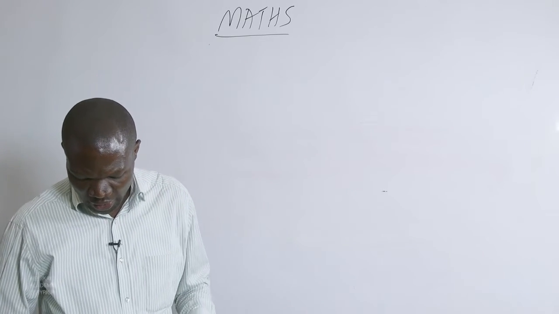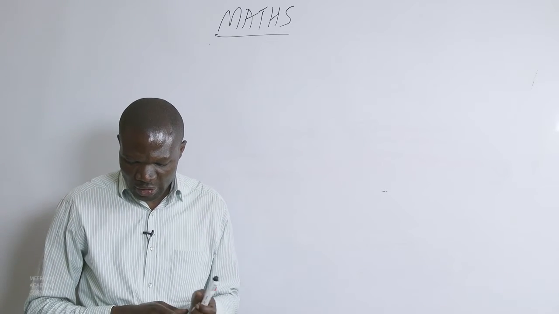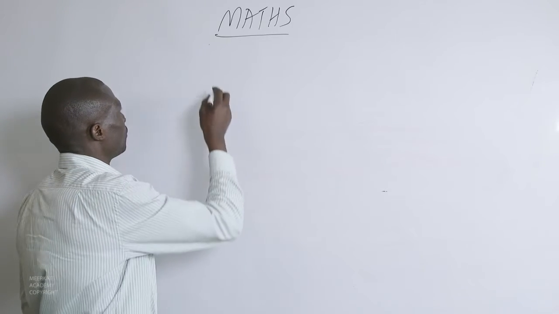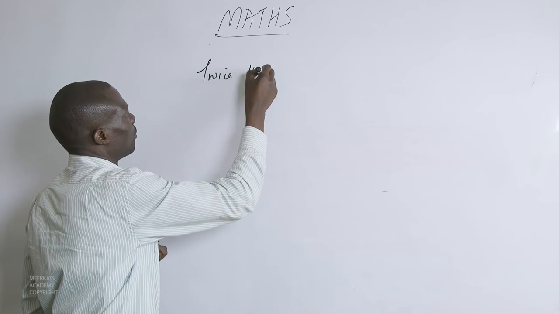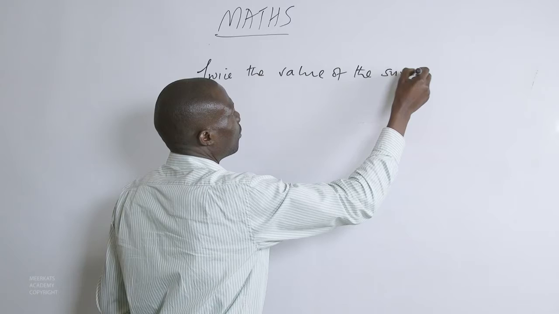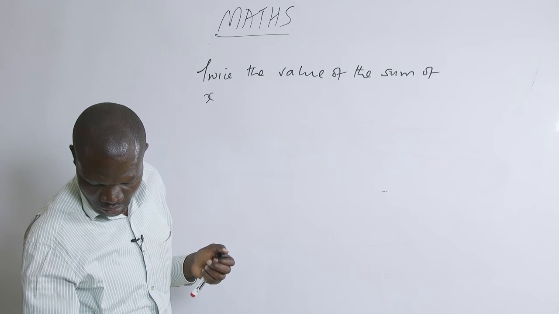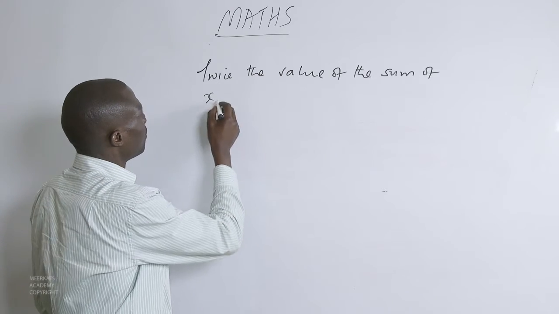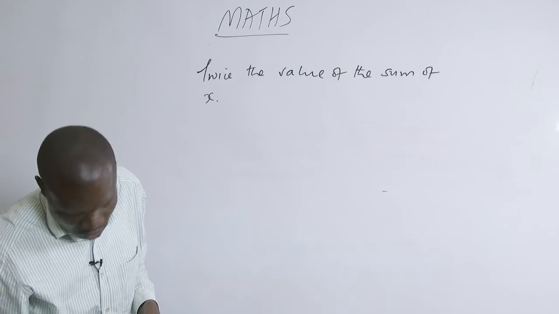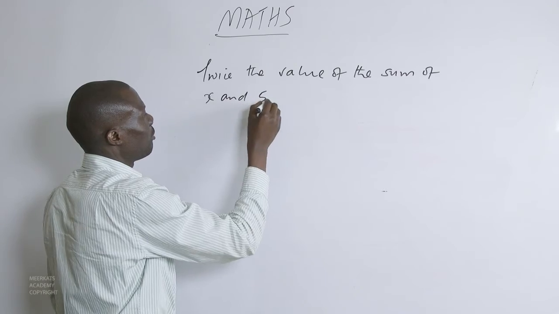Now, I want you to look at this phrase, and then you see what exactly happens. Twice the value of the sum of x and 5.